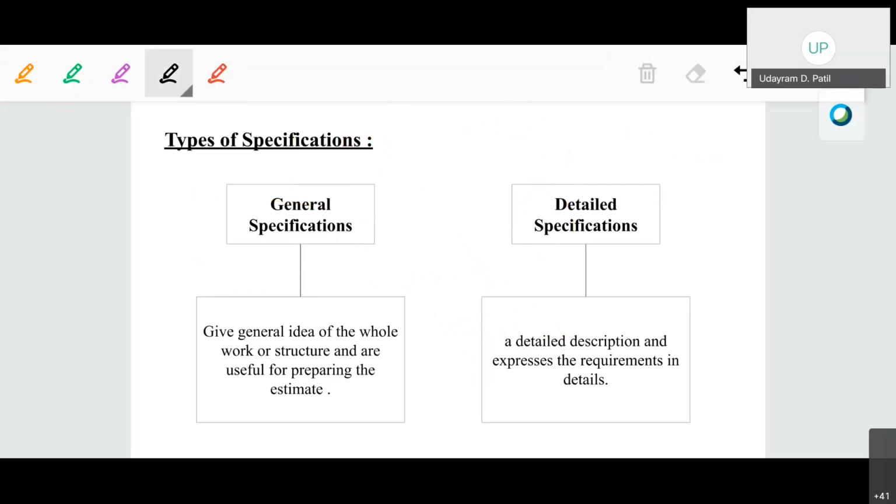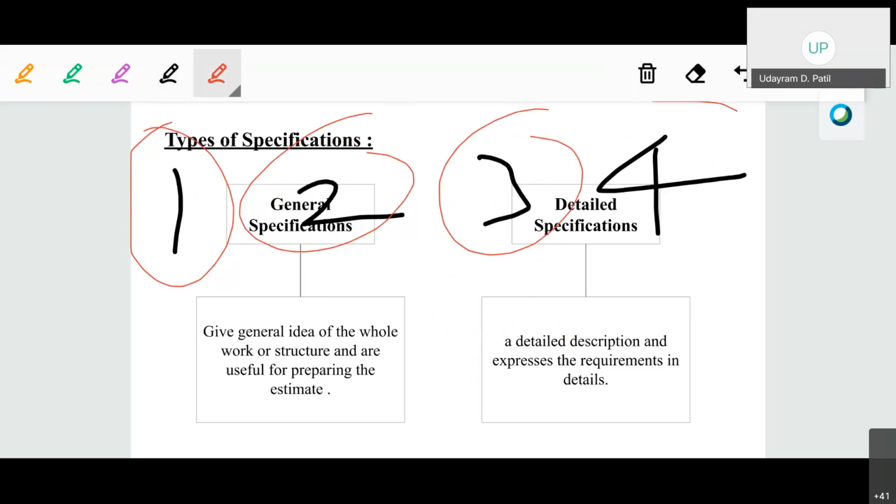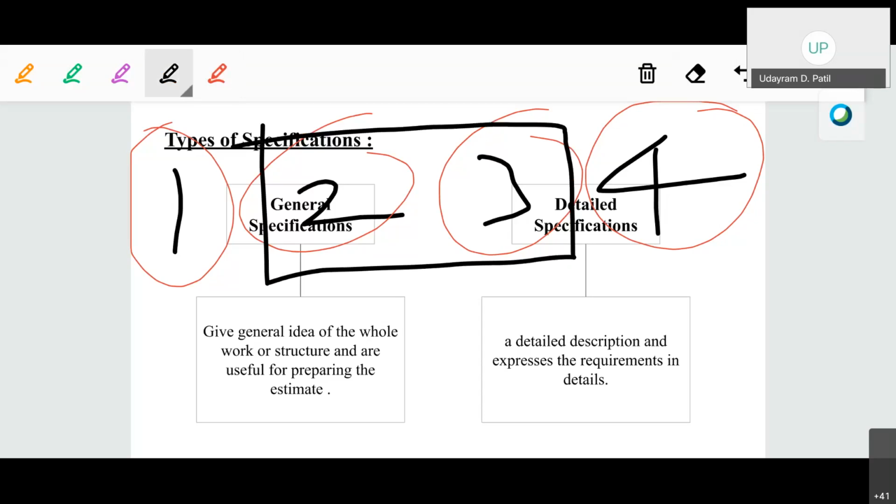Suppose you have options 1, 2, 3 and 4, four ways in which you can construct the particular work. Now the difference between 1 and 2 or 3 and 4 is way too much, but the rate difference between 2 and 3 is way too less. While giving the specification, we make the estimate before the execution of the particular work.